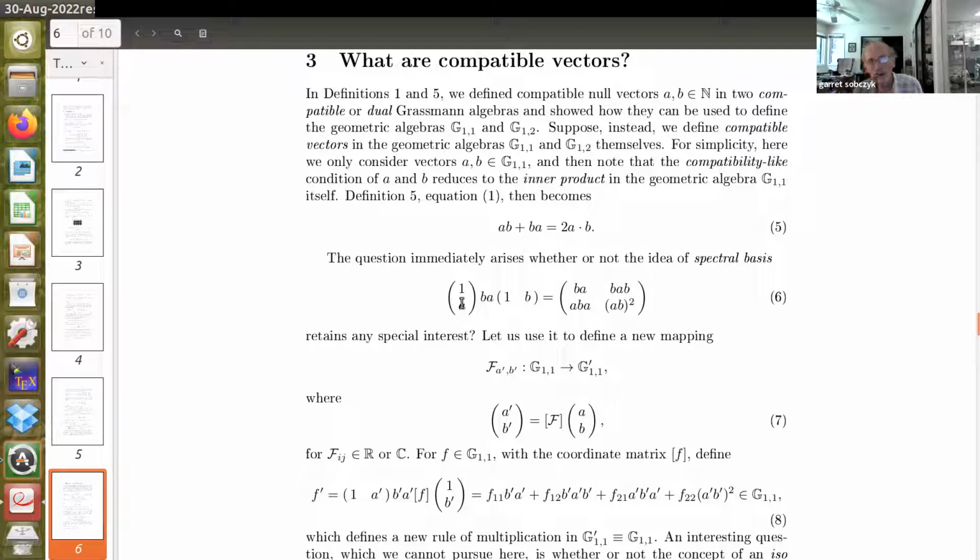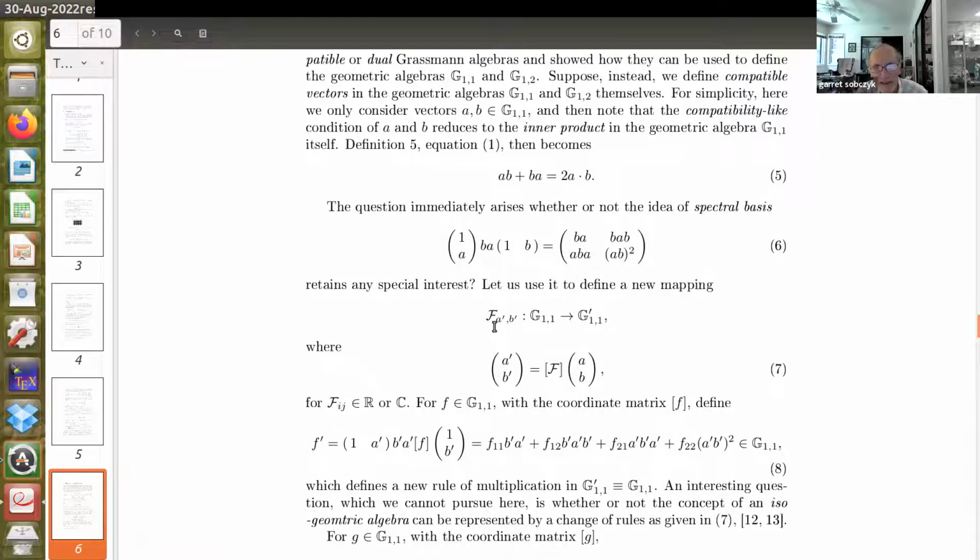But notice what I call vectors. I'm not changing the definition of vectors. A vector is the sum of the two compatible Grassmann algebras, one-dimensional Grassmann algebras in this case. But now I have to generalize this expression here. Okay, and now I use a new mapping.